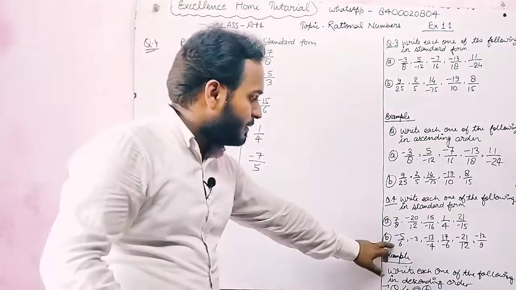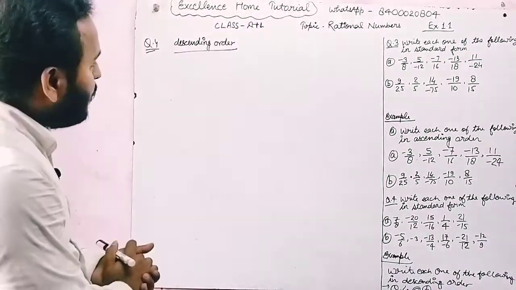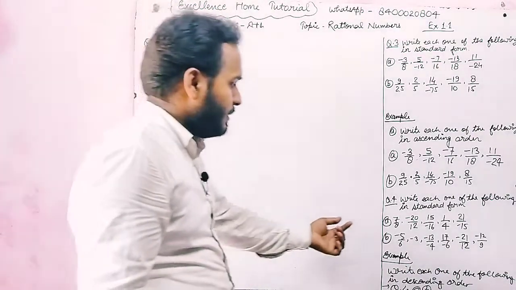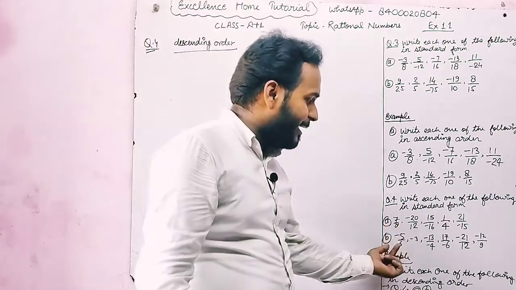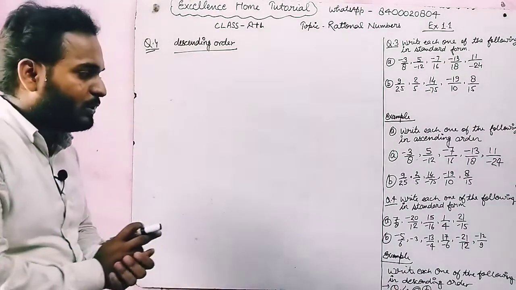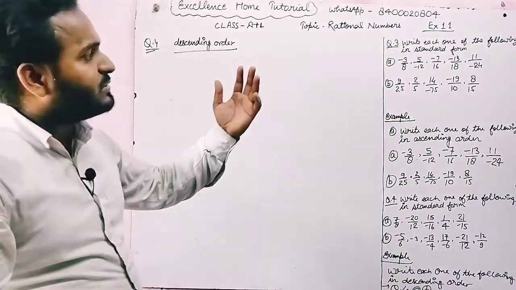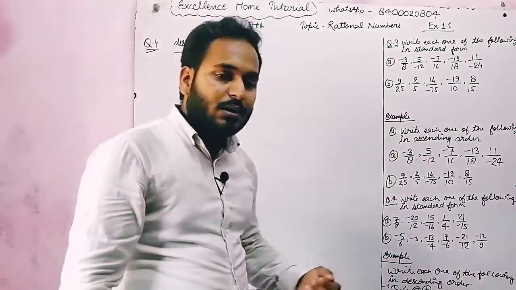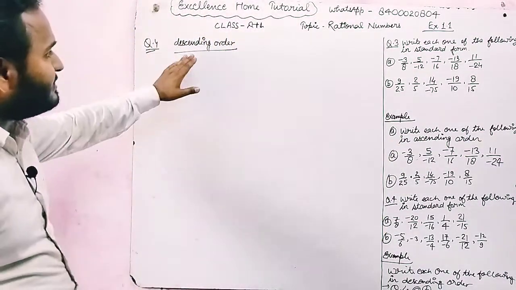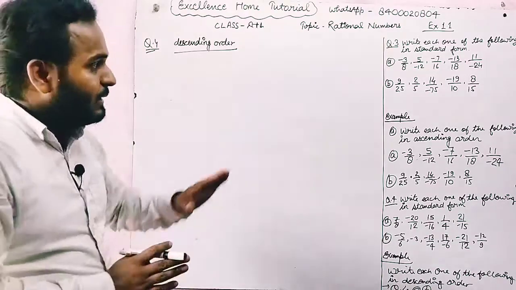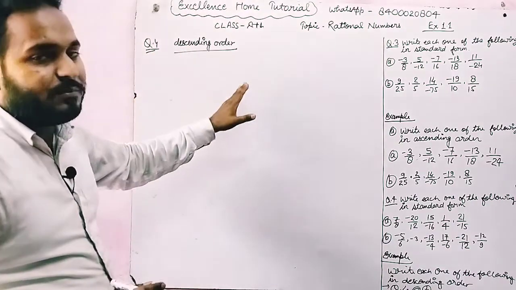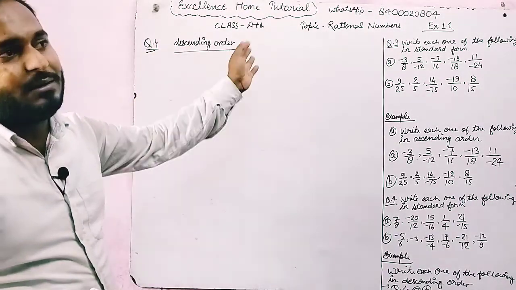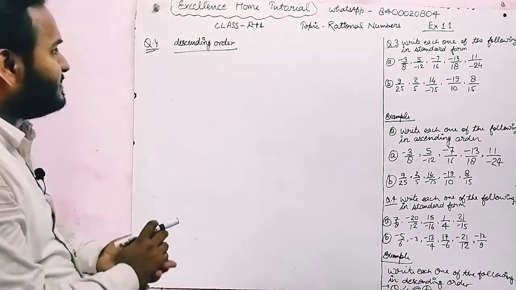Okay. Now we have to write all the numbers of question A and B in descending order. This is similar to the question number 3 example, which was in ascending order, but the difference is that in descending order we write the greatest number first, then smaller, smaller, and the smallest number last.